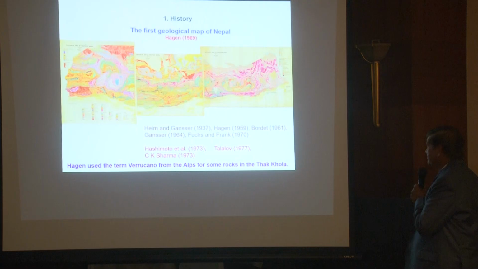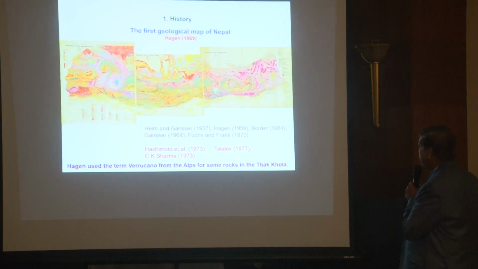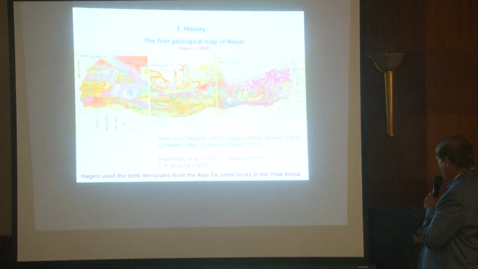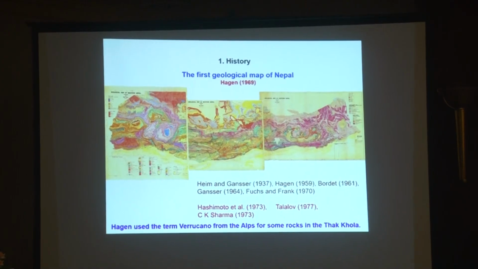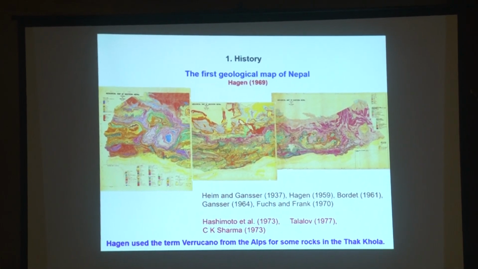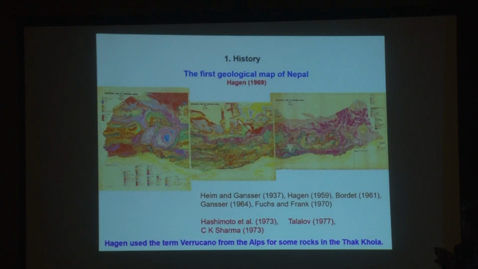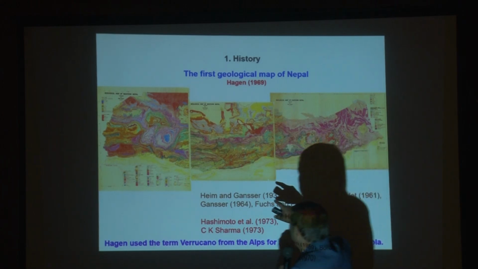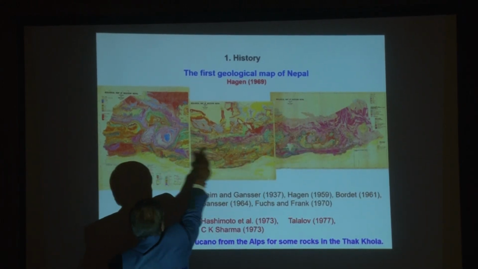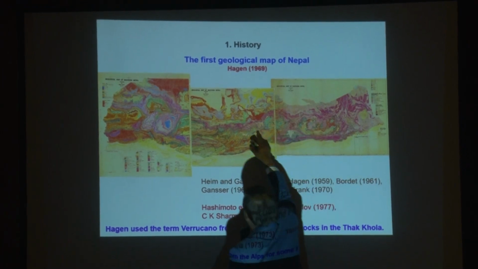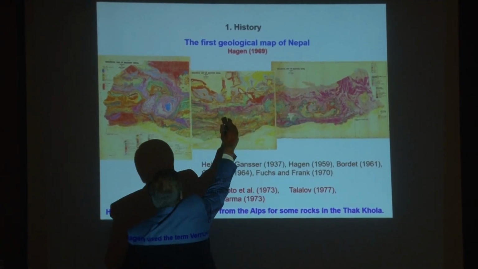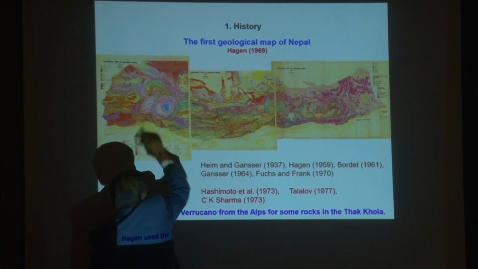Let's go back to Hagen. Today we had the Tony Hagen medal. I think the pointer is not working. I just show you the windows and large sedimentary belts here, and the klippe over here.